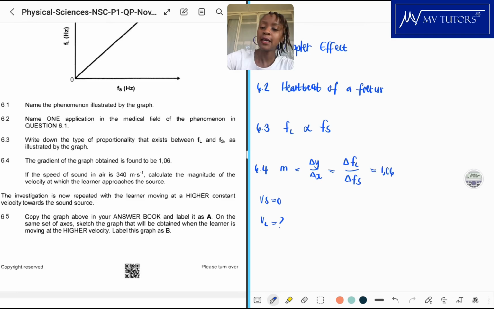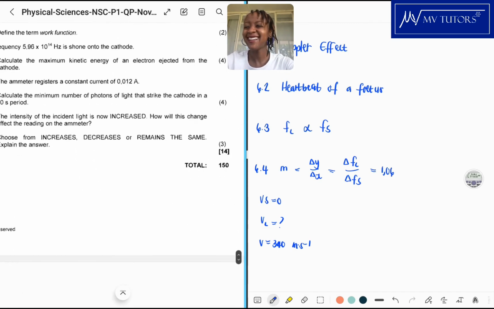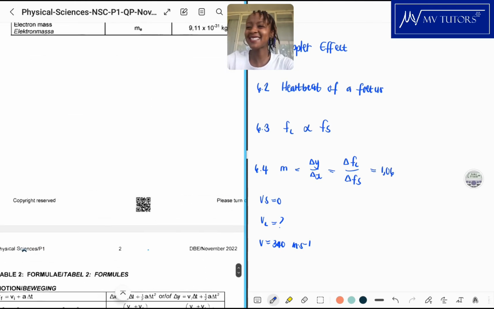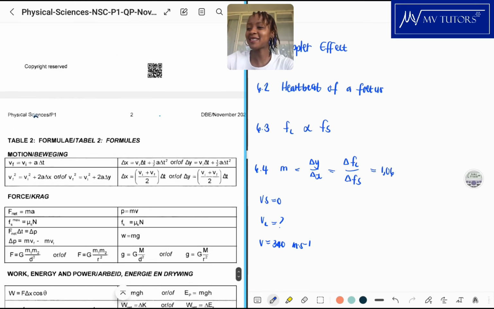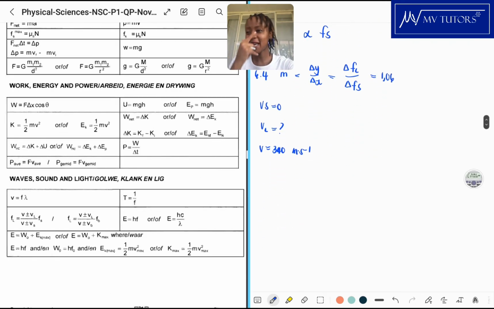We know the speed of air is 340 meters per second. If you have forgotten the Doppler effect equation and just need a refresher, go over to the formula sheet and have a look at the equation given.